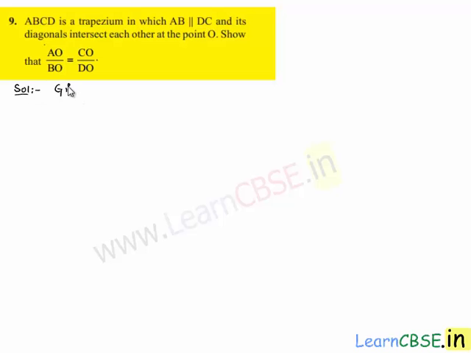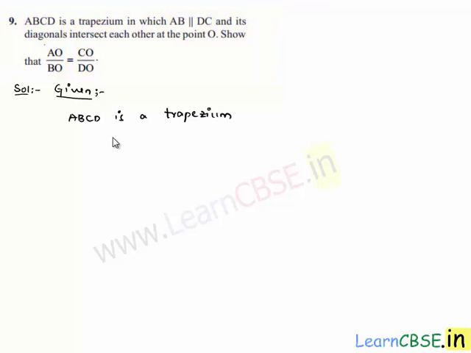Given that ABCD is a trapezium in which AB is parallel to DC and diagonals intersect at O. So according to this, let us draw a figure.